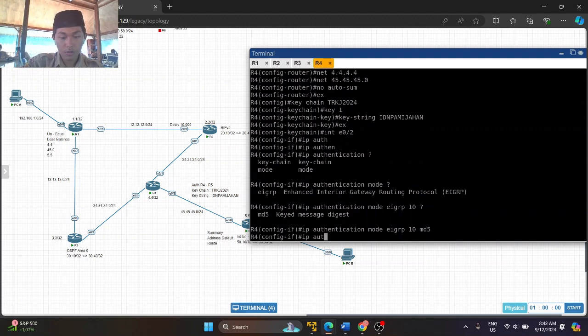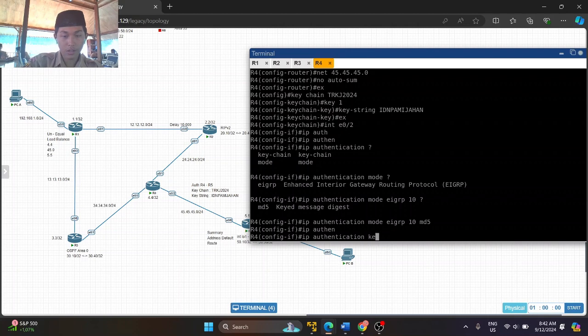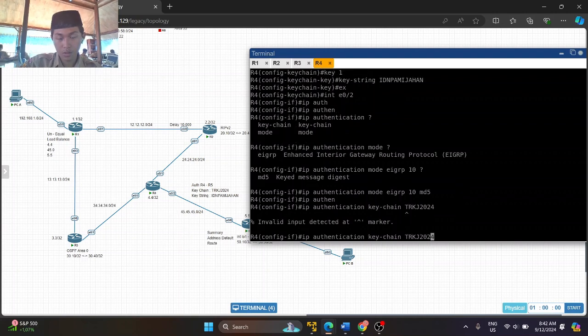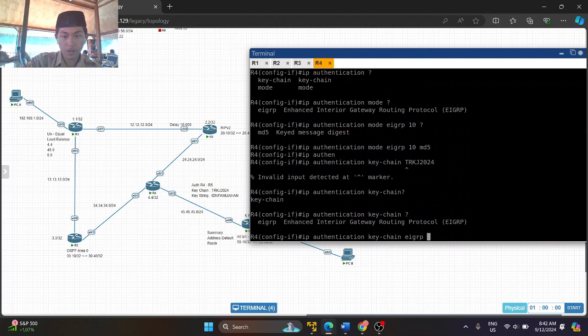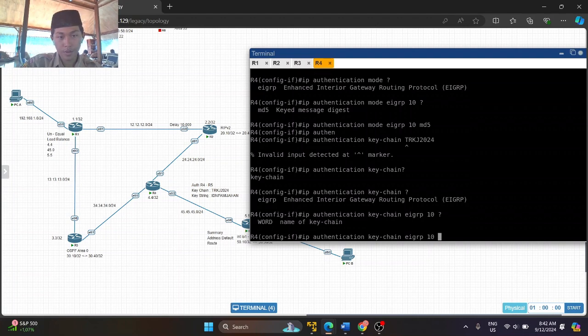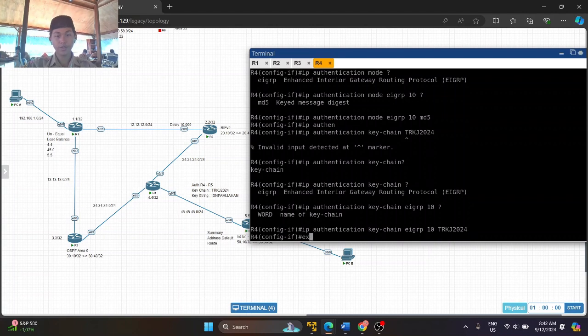Then IP authentication keychain verify. Sorry, EIGRP 10 verify 2024. Okay, exit.